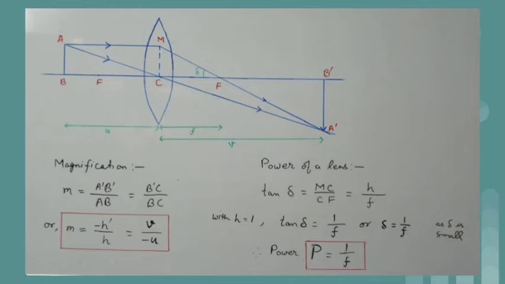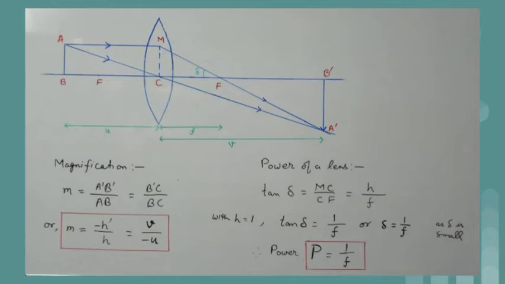Now the magnification. The magnification of a lens is defined as the ratio of the size of the image to the size of the object, that is m is equal to A'B' by AB, which is also equal to B'C by BC.